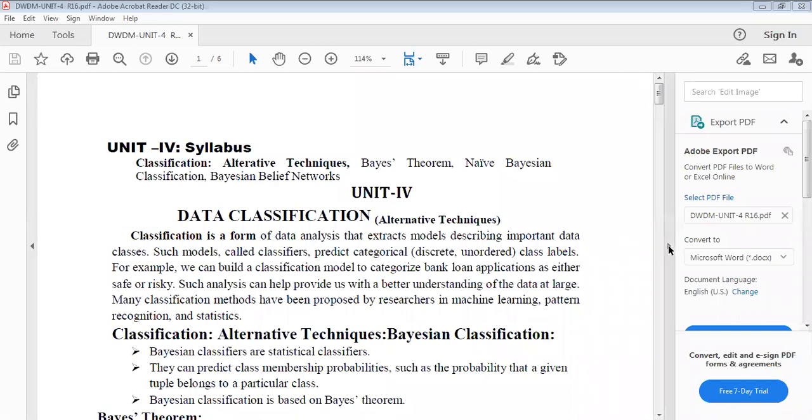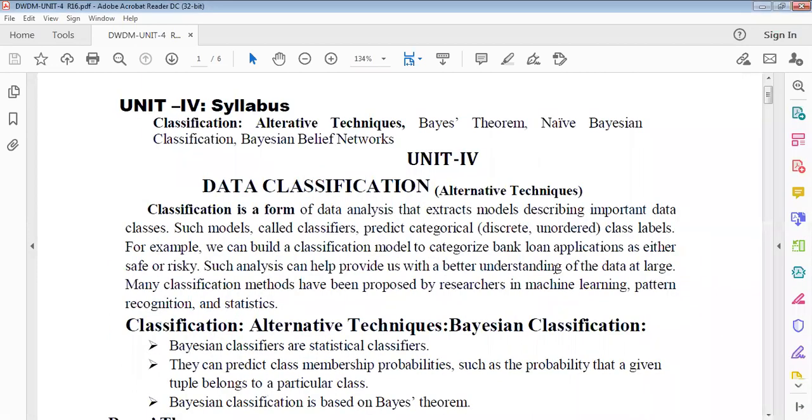See here, this is the fourth unit regarding data classification, alternative techniques. In the previous unit, we discussed what data classification is, what a decision tree is, what decision tree algorithms you use, and what approaches you follow, such as information gain and the Gini index. All these things were discussed in the third unit.